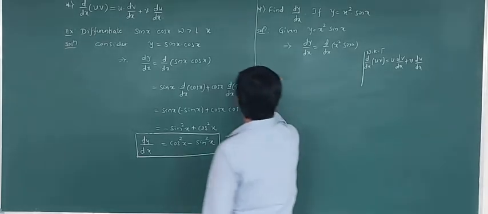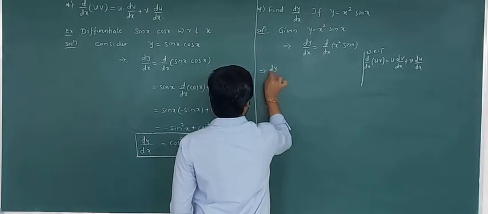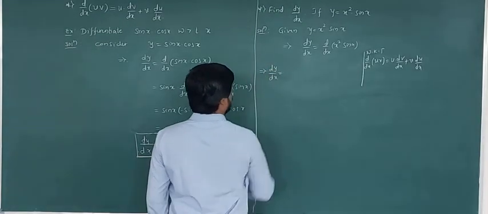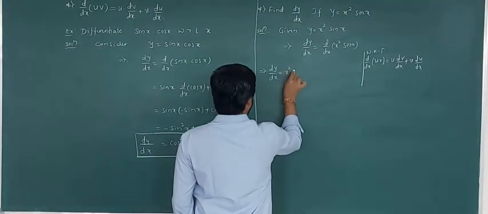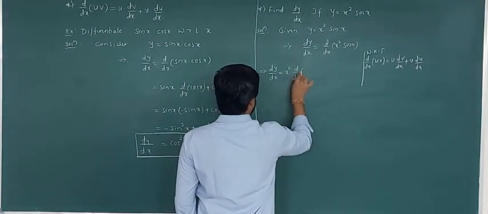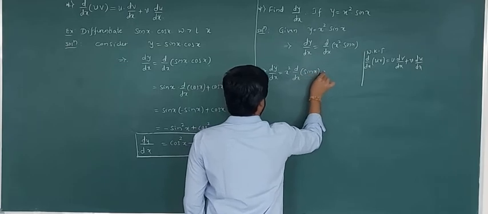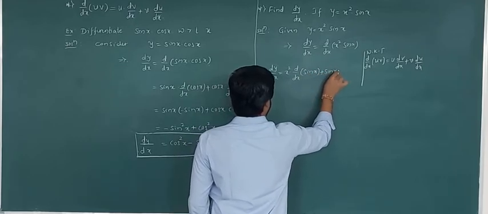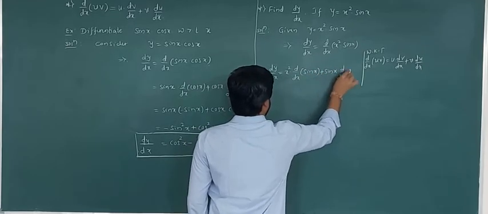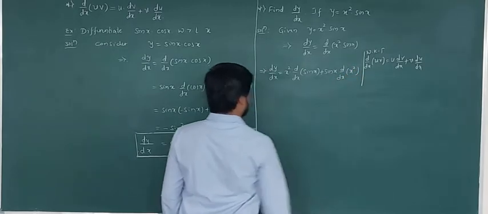So this implies dy by dx is equal to x square into d by dx of sin x plus sin x into d by dx of x square.